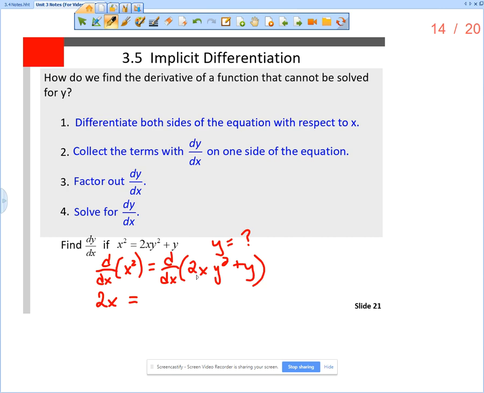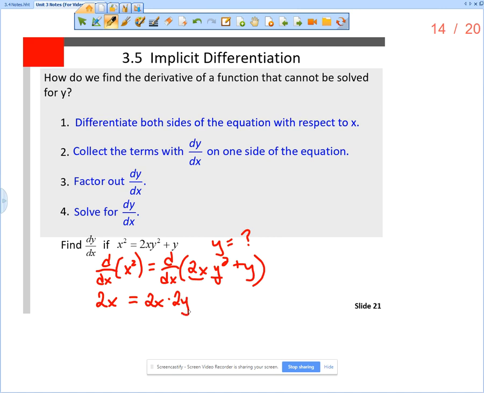First of all, let's start with 2xy squared. This is a product, right? The product of 2x and y squared. So the derivative with respect to x is going to be 2x times the derivative of y squared. What's the derivative of y squared with respect to x?